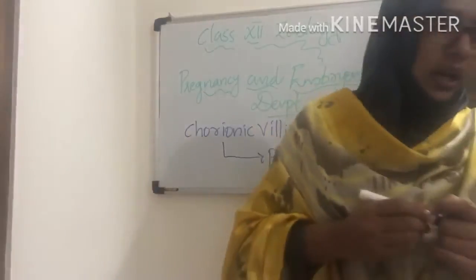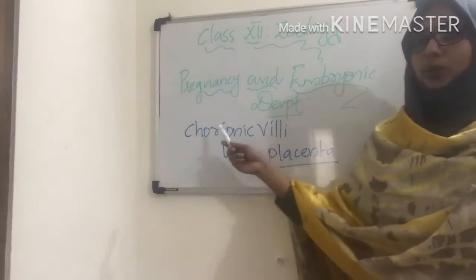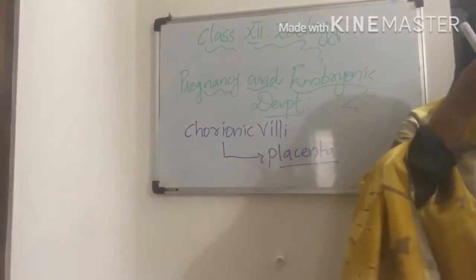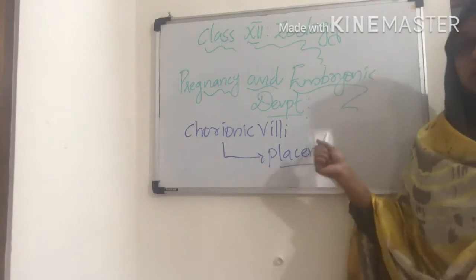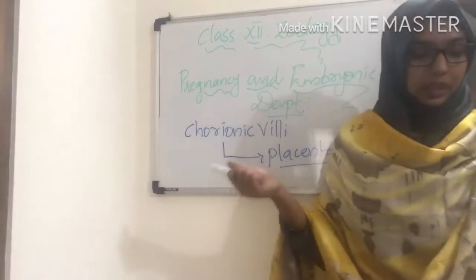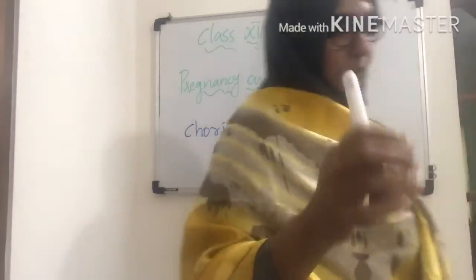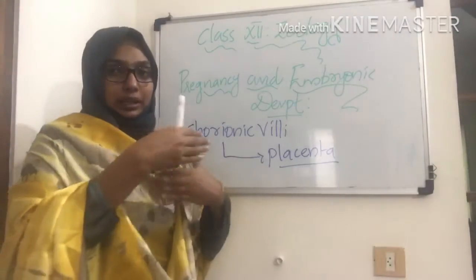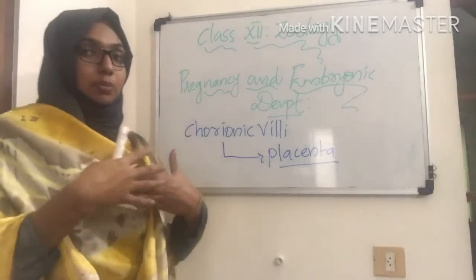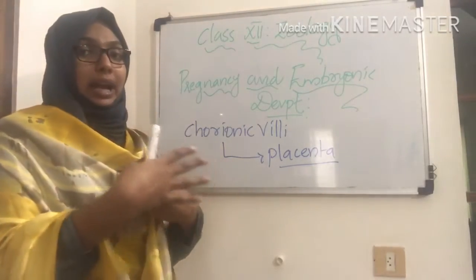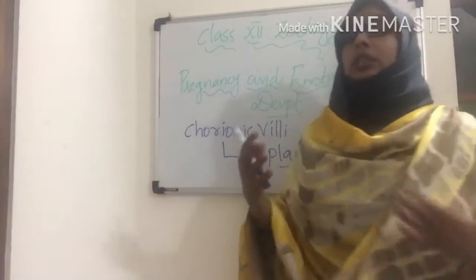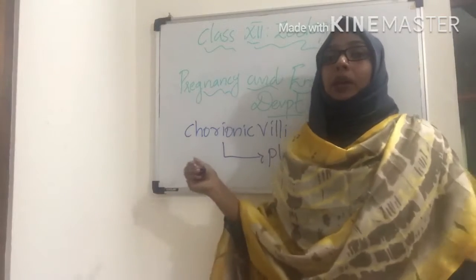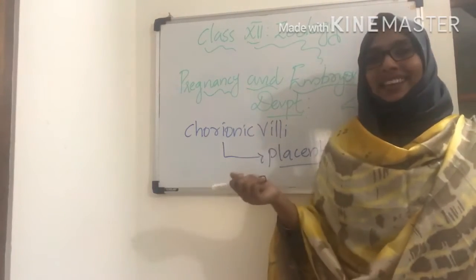Placenta. So the chorionic villi and the uterine tissue join together to form the structural and functional unit known as placenta. Is that clear? This placenta forms a functional unit between the maternal blood and the developing fetus or the developing embryo. Okay. So we are checking out the functions of placenta.